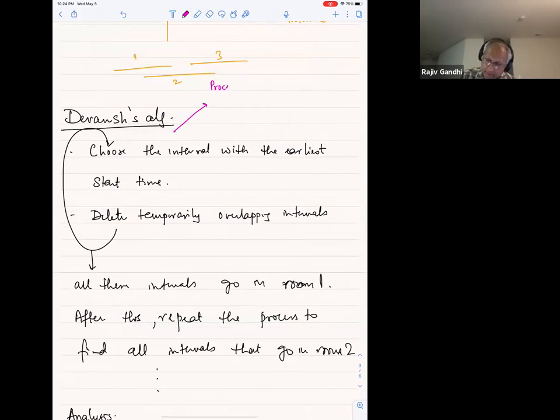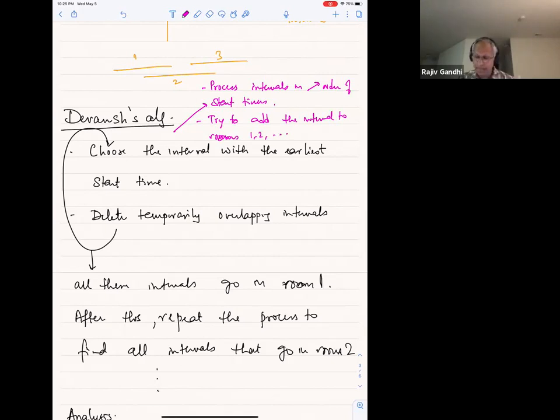We'll say: process intervals in increasing order of start times, try to add the interval to rooms 1, 2, and so on, and add it to the first available room.